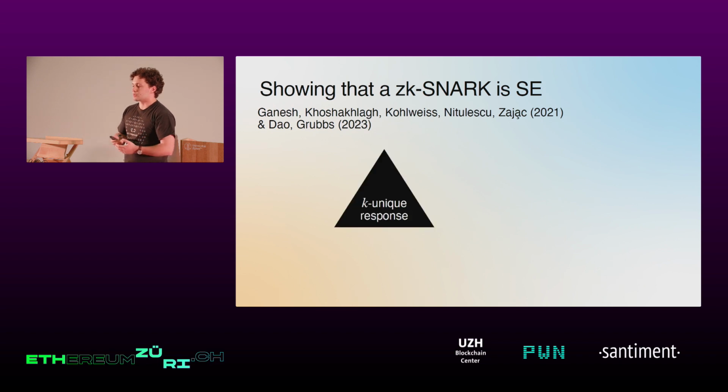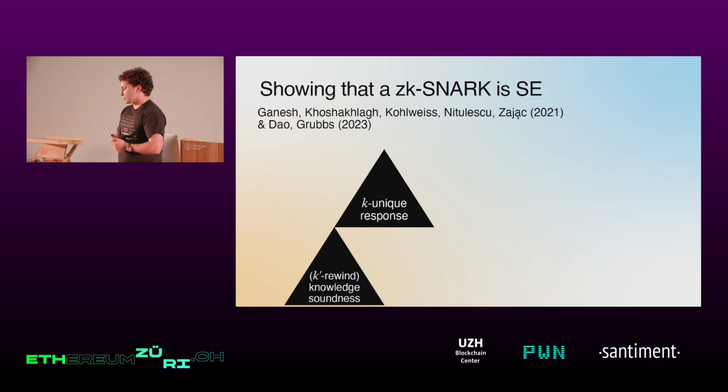The first one is k-unique response, which is essentially a measure of how much freedom you have in answering the verifier's challenges. The second one, in the trusted setup, is k-prime rewind knowledge soundness, which is some sort of special soundness, if you're familiar with this term, for non-interactive protocols. In the transparent setup, you only need knowledge soundness of the non-interactive protocol.